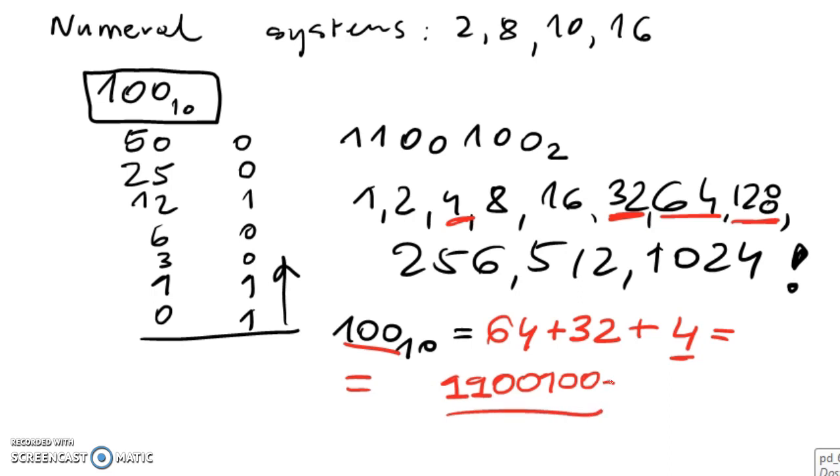That's all. Of course, it is your choice which method to use, this one or this one. But I propose this. It is simpler when you memorize the powers of 2, and I hope it is faster.